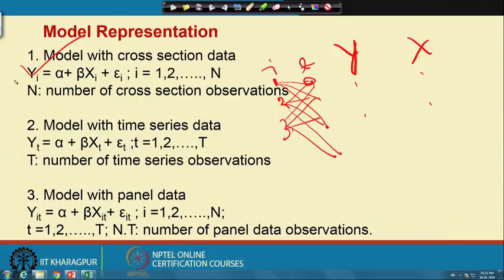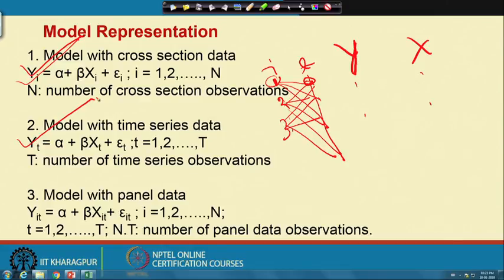Then when we model, this is called cross sectional modeling. Again, allow i to be constant and t to vary. That means for a particular company, time series observations are there with respect to y and x, and when we do the modeling, this is called a model with time series.